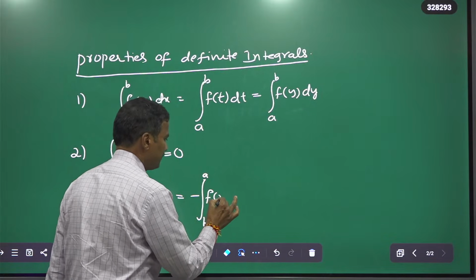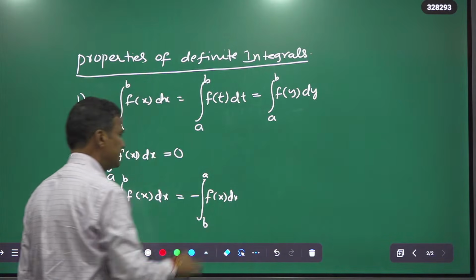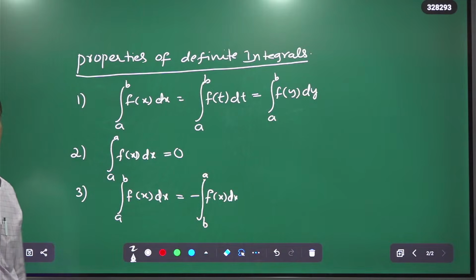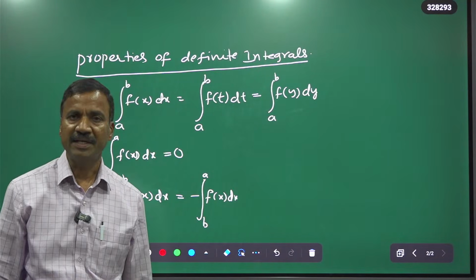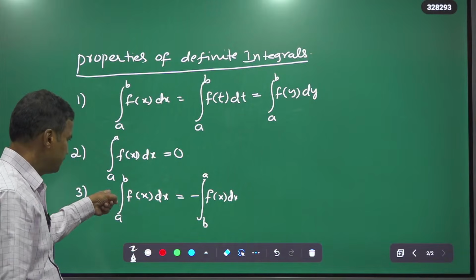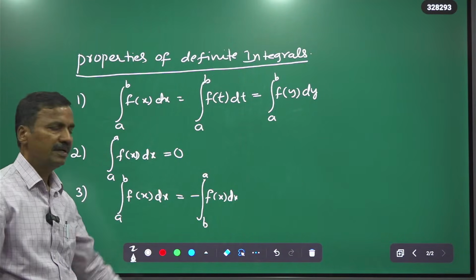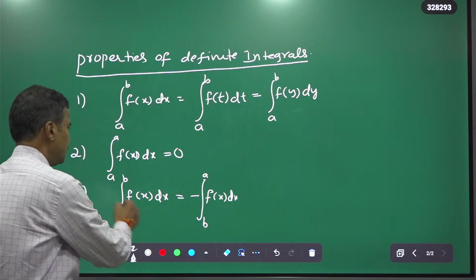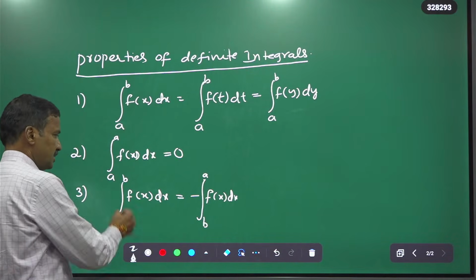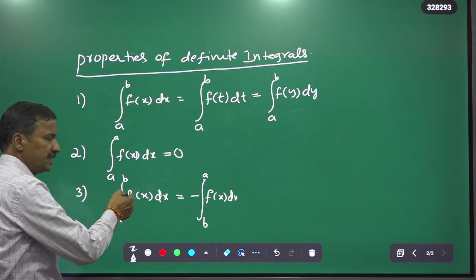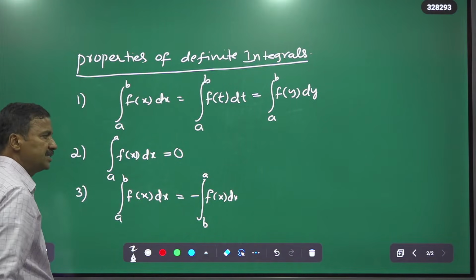By interchanging the limits, the sign of the integral changes. Here it is a plus sign, so we get minus of the integral from b to a of f of x dx. This is interchanging the limits, then the sign changes.